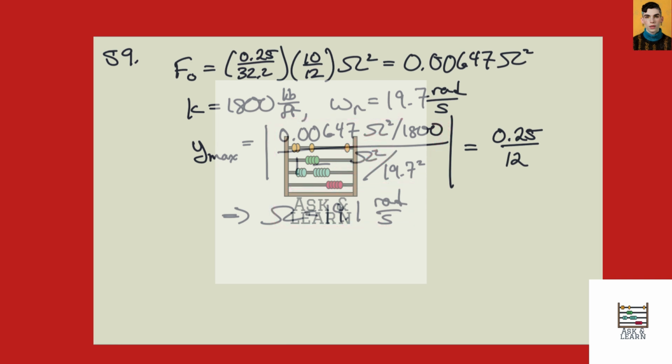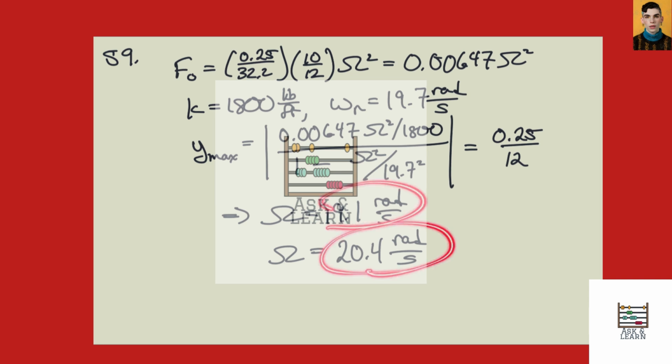So I need to actually solve the case where this amplitude in here is minus this. So what is that case? That case is 20.4. So we could either be slightly below or slightly above the natural frequency to get this amplitude.